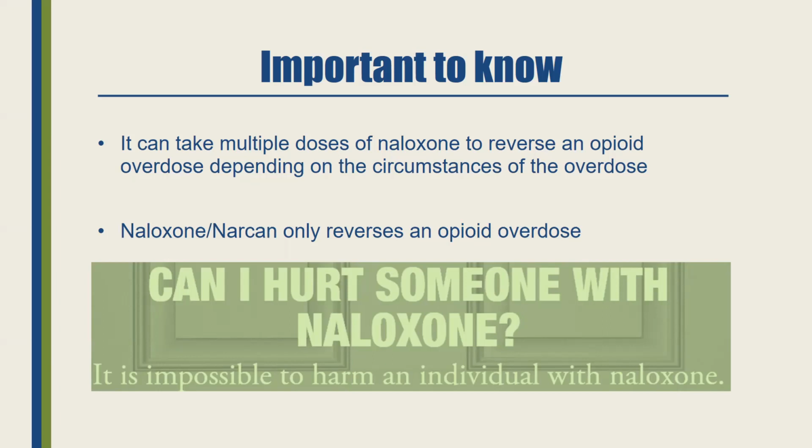It's totally okay to use more than 1 dose on someone. What's recommended is you administer a dose and you wait 2 minutes and look for any signs or changes in your person. If you're not seeing any changes, you can go ahead and administer that 2nd dose. For the nasal spray, just do it on the other side, in the other nostril.